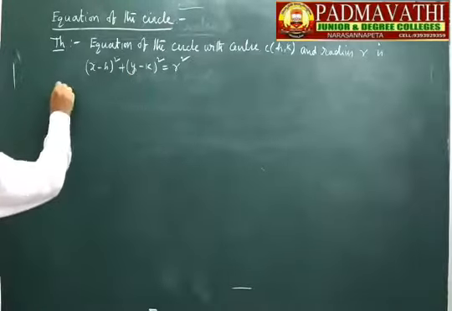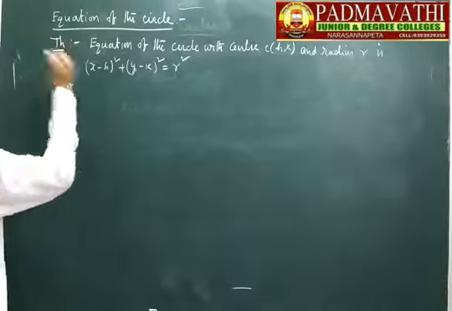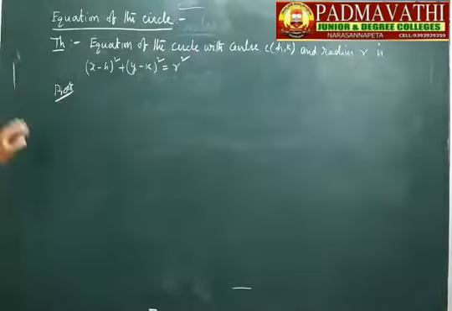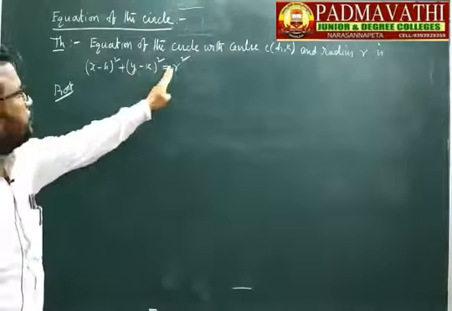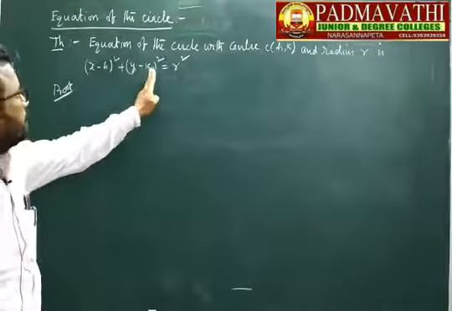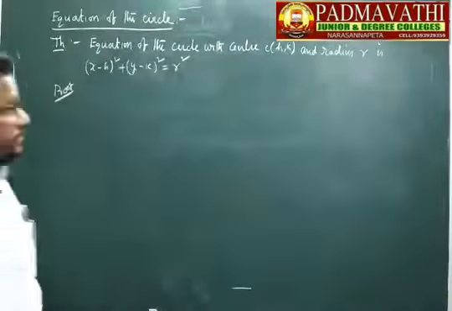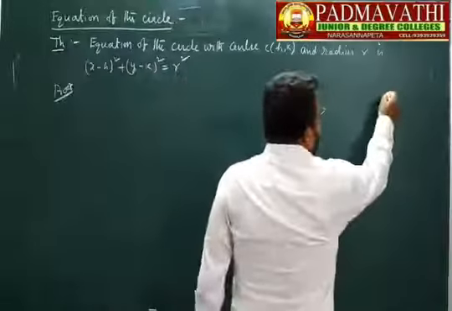Proof. What is given? Given that center is (h, k) and radius r, and we have to prove that the equation of the circle is (x minus h) whole square plus (y minus k) whole square is equal to r square.